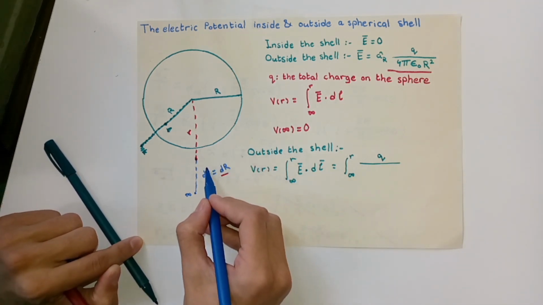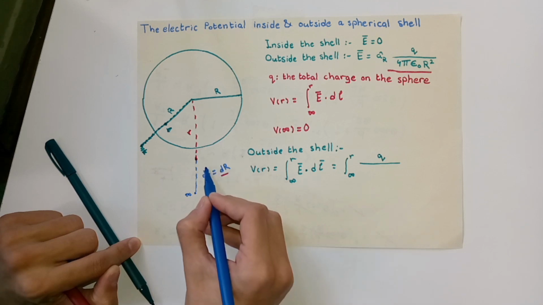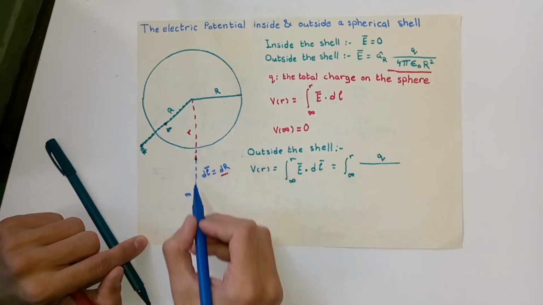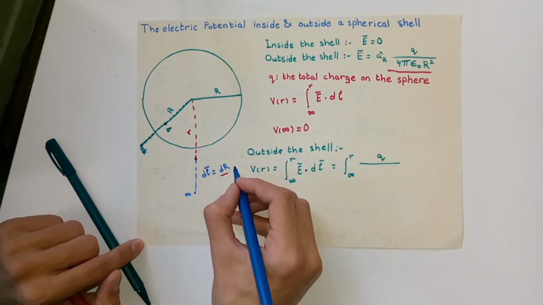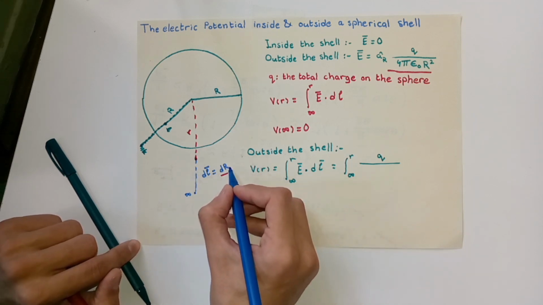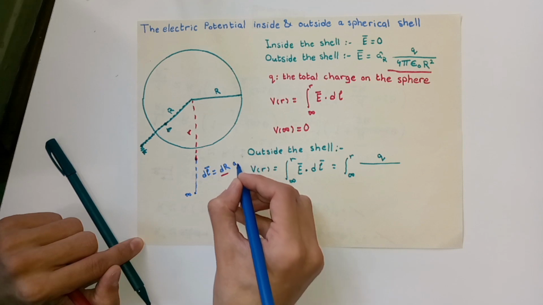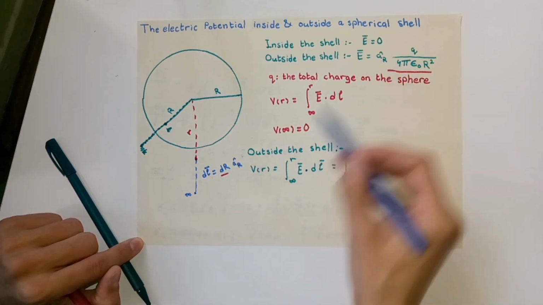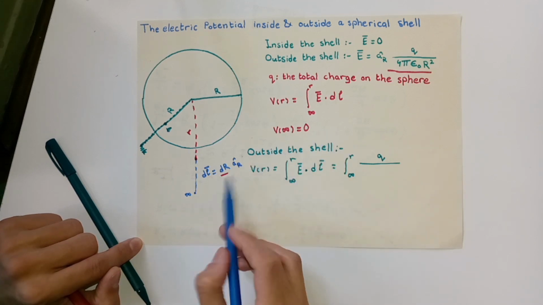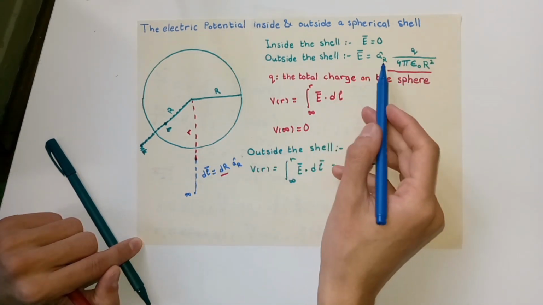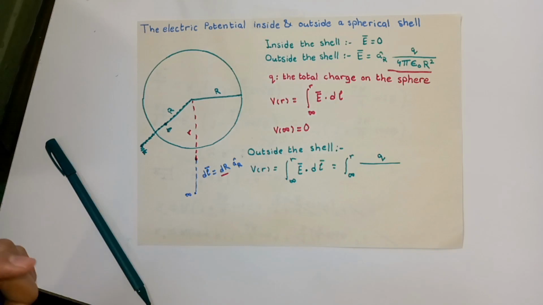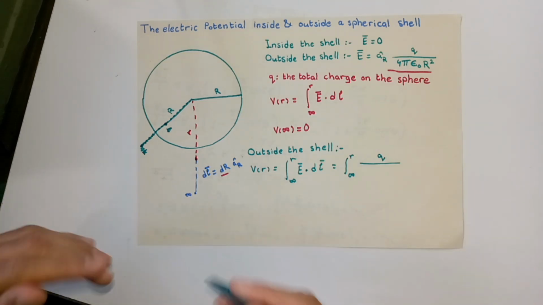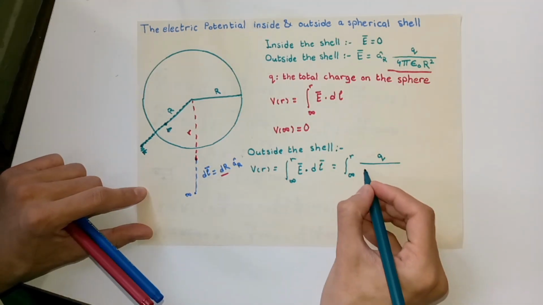If we said that this is a vector, okay, as we see, this path is radial, so the unit vector accompanied with this is ar. Due to this, the dot product between this and this is going to eliminate the unit vector, so I'm not going to write them down below.